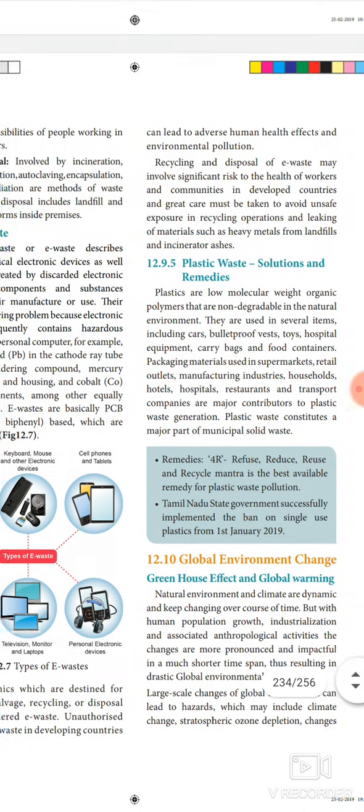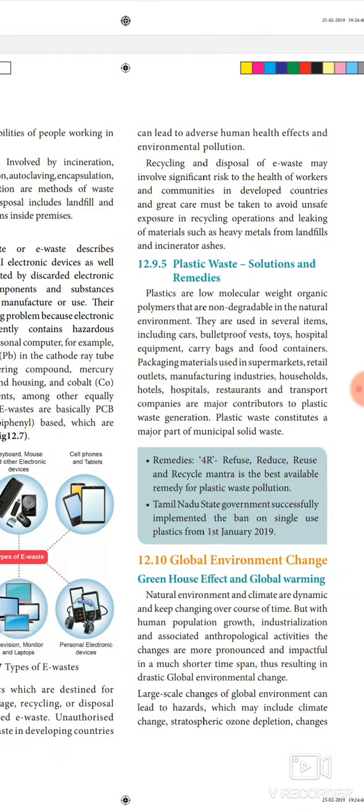Okay, then next, plastic waste and solutions and remedies. We already know that plastic waste is also called non-degradable waste. It takes much more time to degrade plastic items. So plastics are low molecular weight organic polymers that are non-degradable in the natural environment.